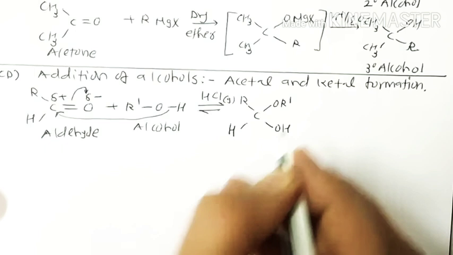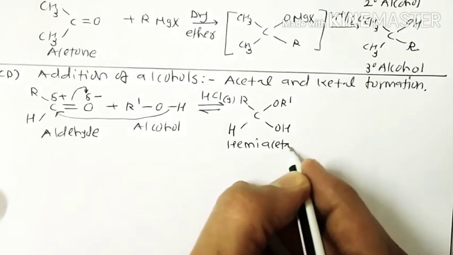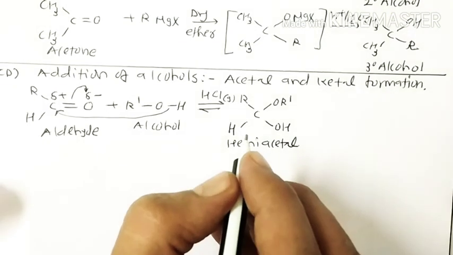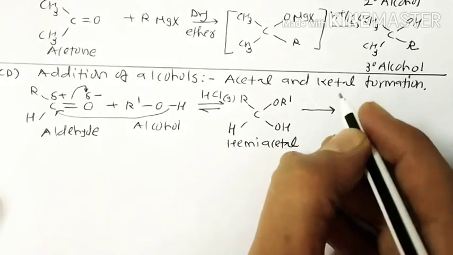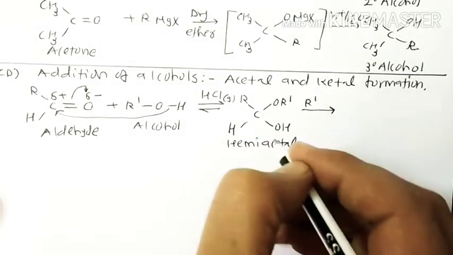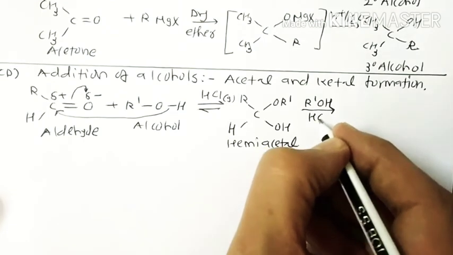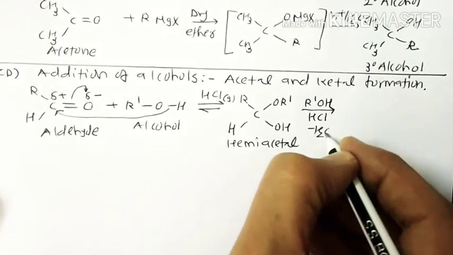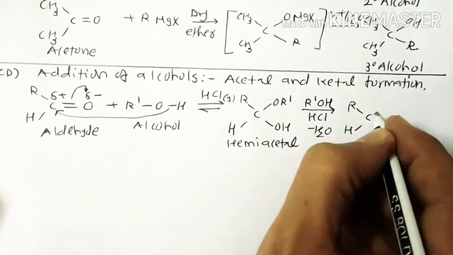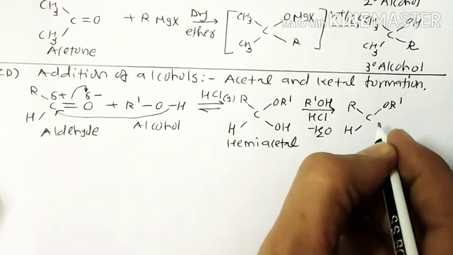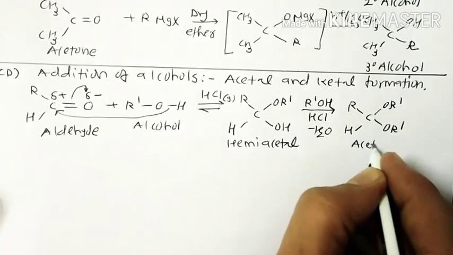The name of this compound is hemiacetal; hemi means half. On further reaction of this hemiacetal with an alcohol in the presence of hydrochloric acid, water is removed and it is converted into RCH, OR dash and OR dash. This is an acetal.